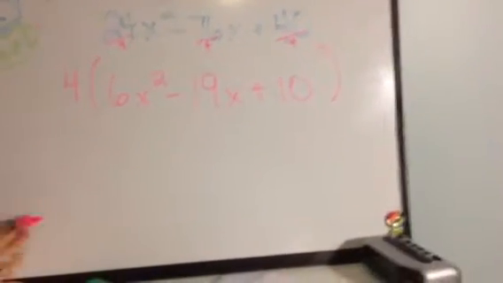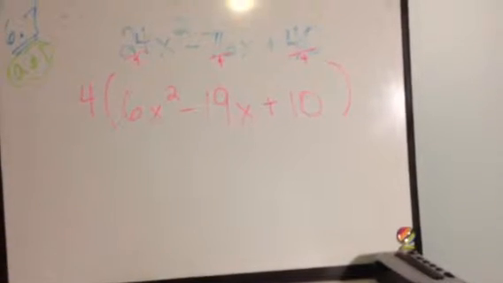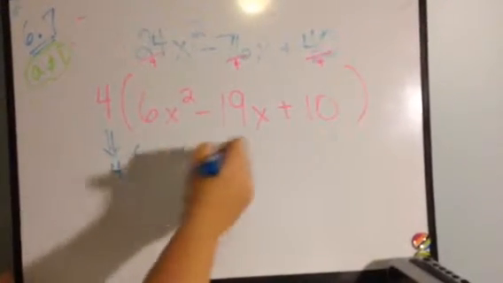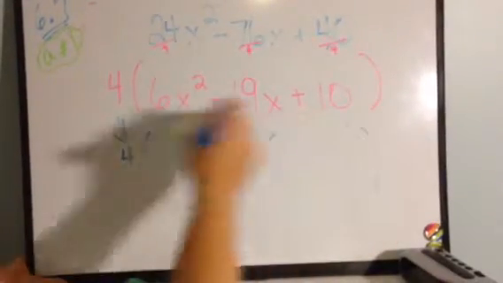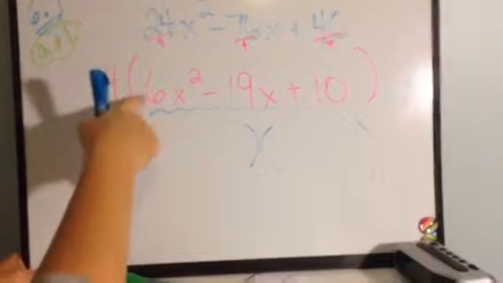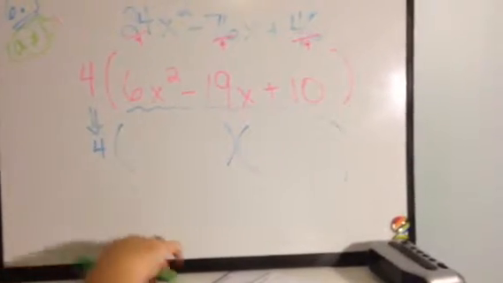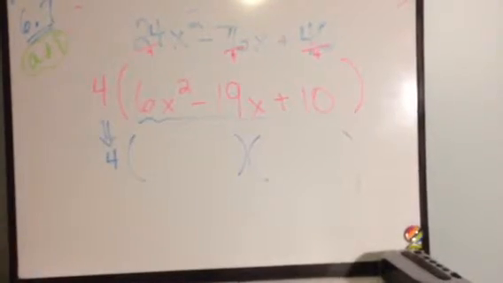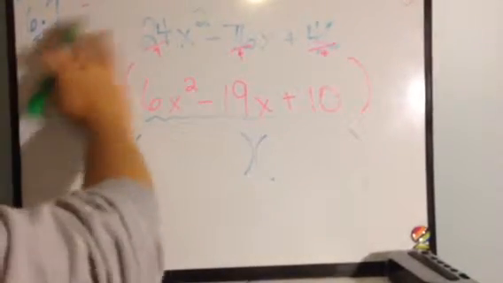Now as I keep writing my answer, I need to keep up with this 4 here. So I'm going to bring him down, and now I need to think about how to factor this trinomial. My thought bubble says, what are my factors of 6 here? I'm running out of colors to show you because this is a busy enough problem.